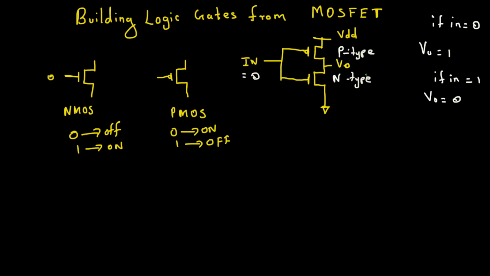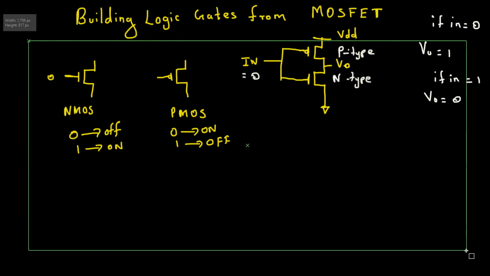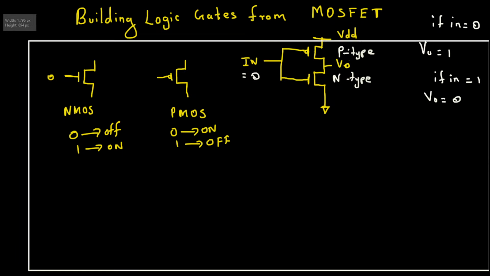Now let's see how we can build gates from this analysis. To build the gates, there are the AND gate, OR gate, NAND gate, and NOR gate. NAND and NOR gates are kind of easy, so let's look at them first. First, let's look at a NAND gate.